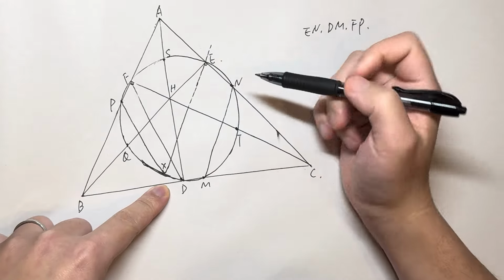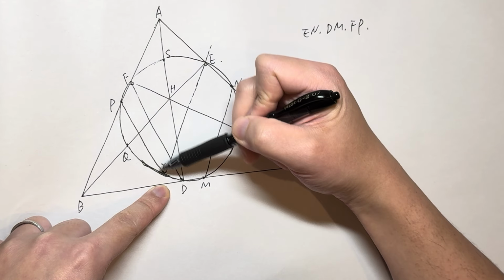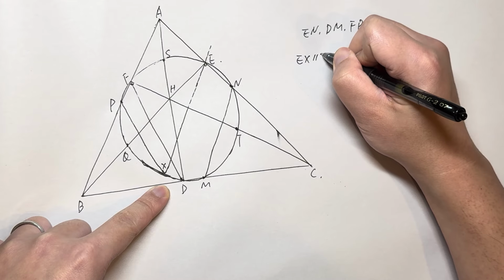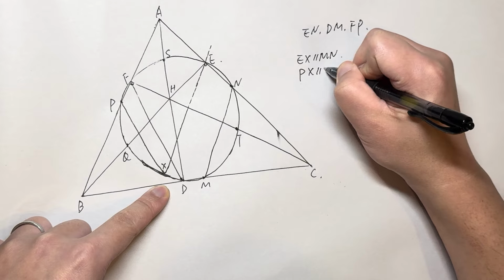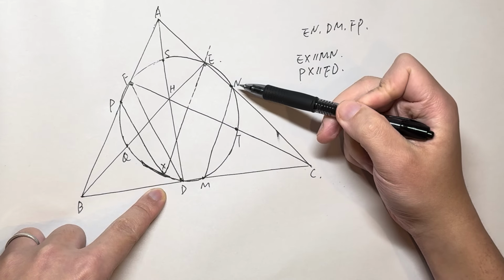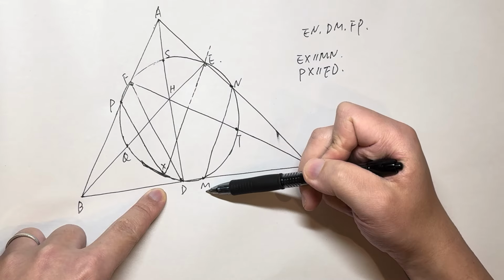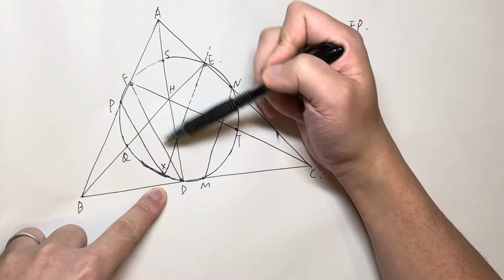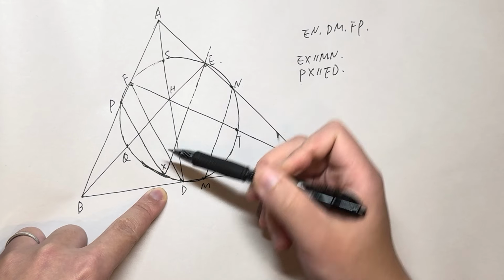The first thing we can think of is that this line is in parallel with this line, and this line is in parallel with this line. So EX is in parallel with MN, and also PX is in parallel with FD. I hope you are clear what I'm doing here. So basically, I connect MN and I find the line passing through E in parallel with MN, and I connect FD and I find the line in parallel with FD passing through P, and we find these two lines meet at a point X.